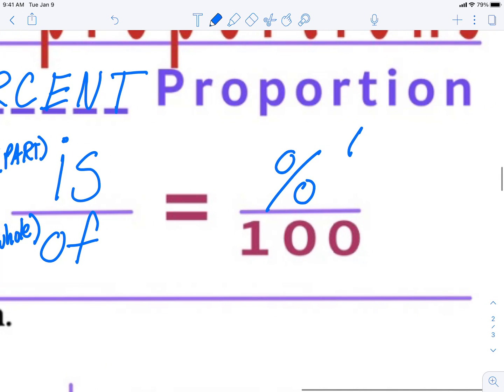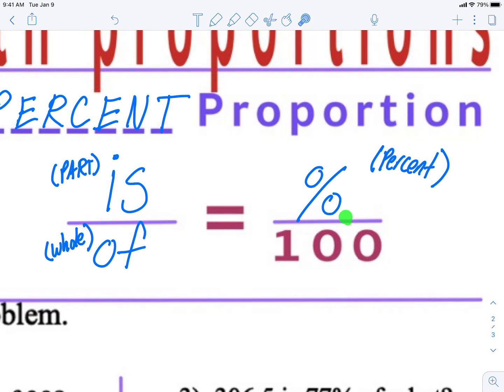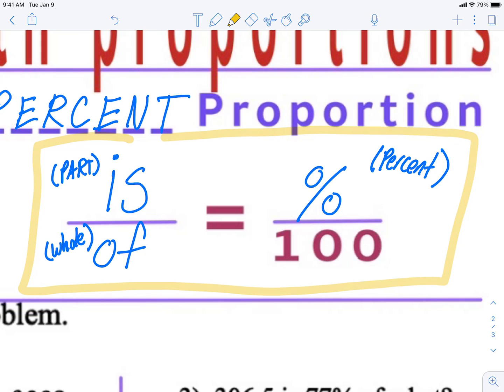And the 100 is always there because percentages are always out of 100. So this right here, kiddos, is the key that we're going to use to solve these problems. This is the percent proportion key.